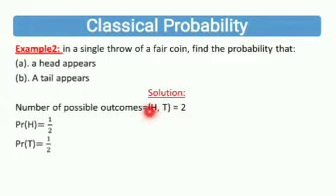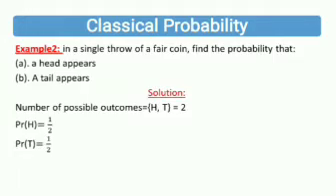Is that okay? Then we have just two outcomes, head or tail. So the probability of having a head is, we have just one head here, 1 over total outcomes, which is equal to 2. So 1 over 2. Also, the probability of a tail is equal to 1 over 2.